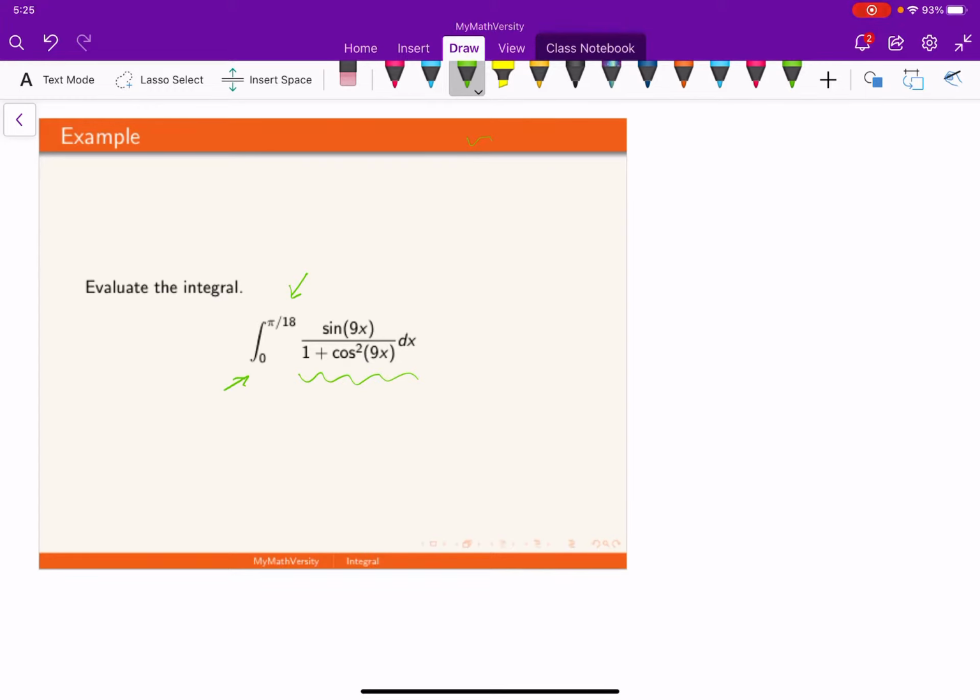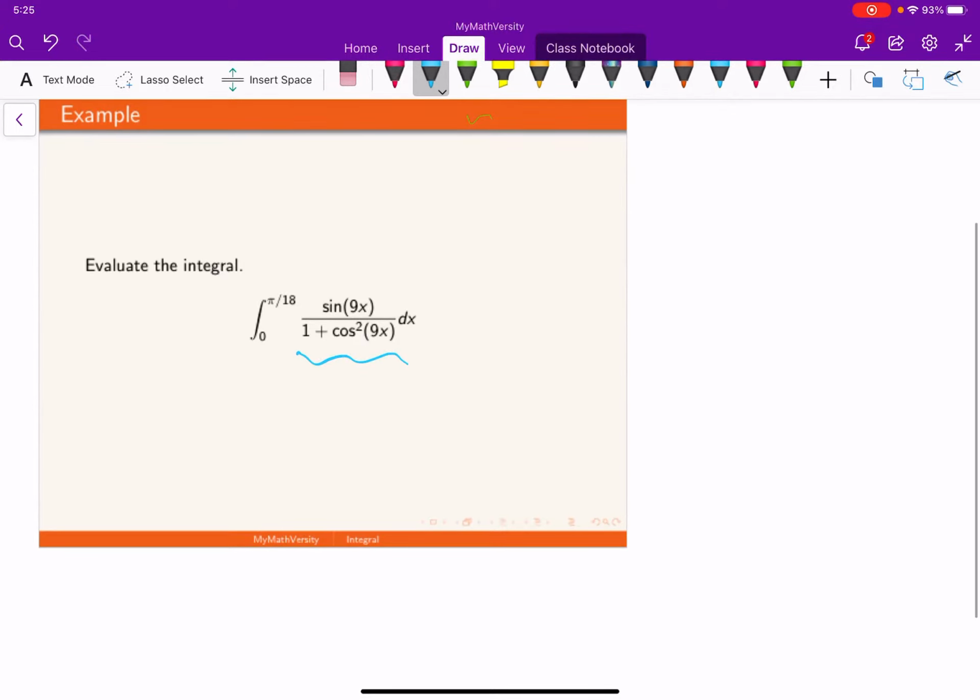So how do you evaluate the definite integral? We can use the fundamental theorem of calculus. But if you want to use it, what we need is the entire derivative of this integrand. So let's do it this way.